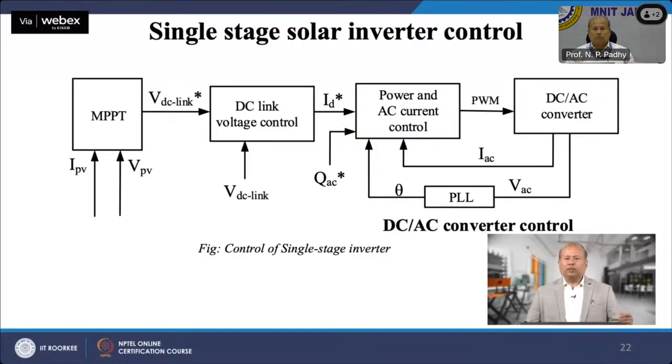Note that the control system is implemented in the dq frame with the synchronous reference frame of the PLL. Here Id star represents the d-axis reference current, which will control the active power. Similarly, we can control the reactive power injected to the grid so as to provide voltage support by tracking the reactive power reference Qac star.